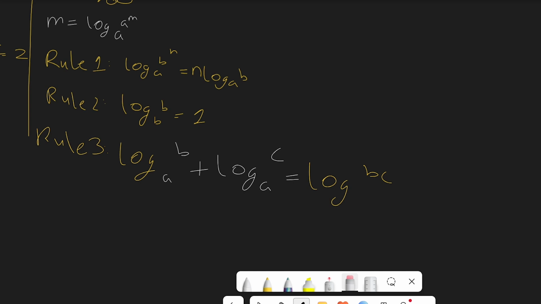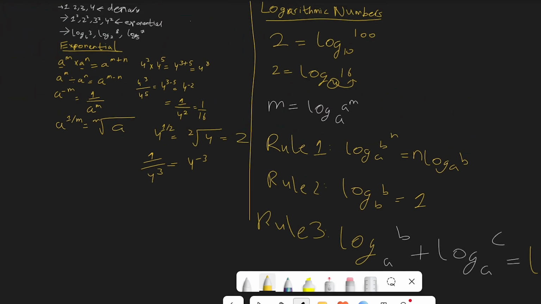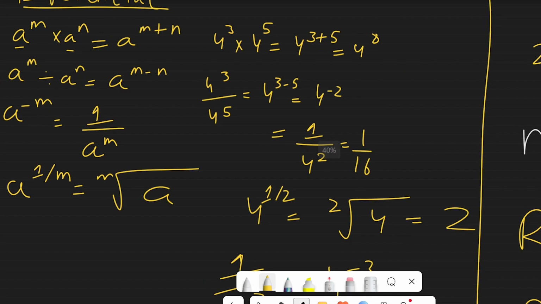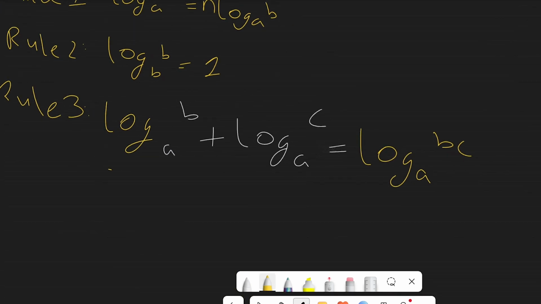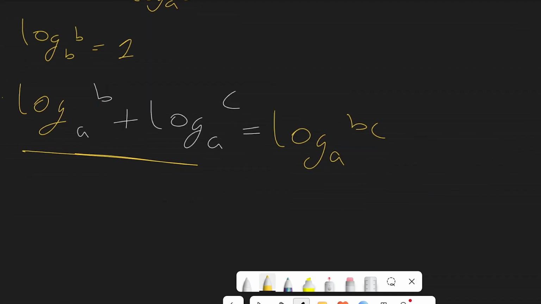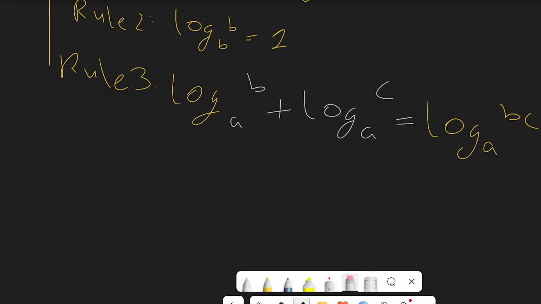Not to the power but to the base. Over here we see that when the numbers are multiplying, the powers add, right? And here it is the opposite. When the numbers are adding, their exponents multiply. So it is similar with the division thing.